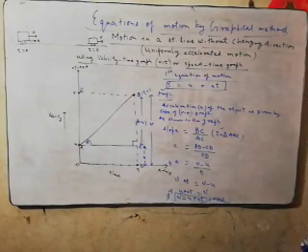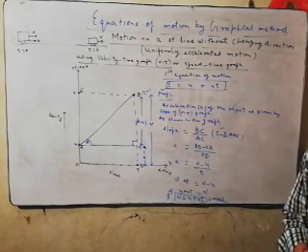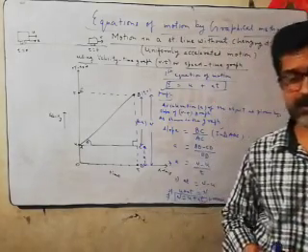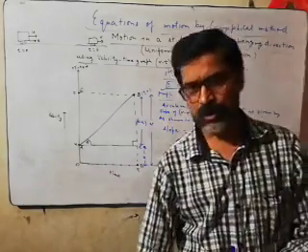So next, we are going to prove the second equation of motion. The second equation of motion is S is equal to ut plus half at square. So let us prove it now.